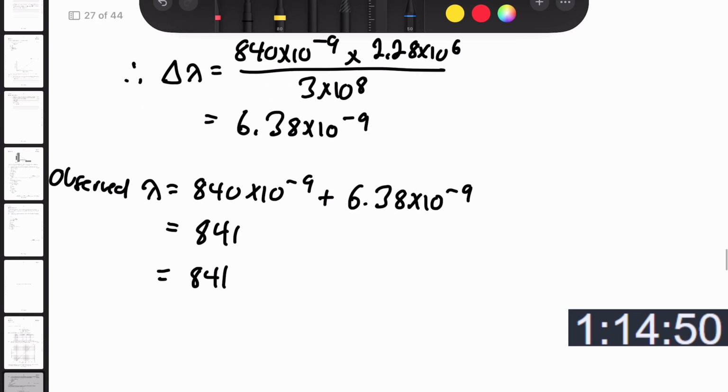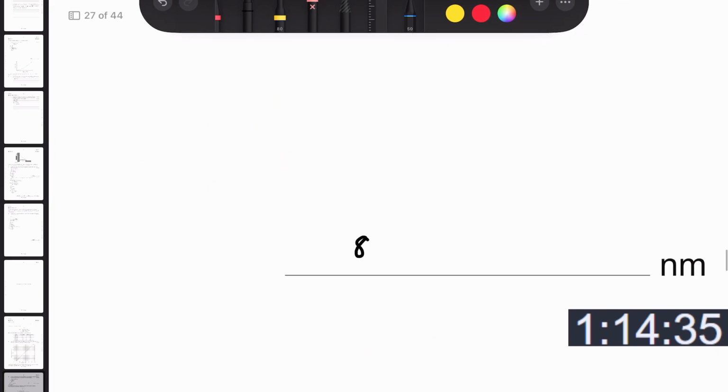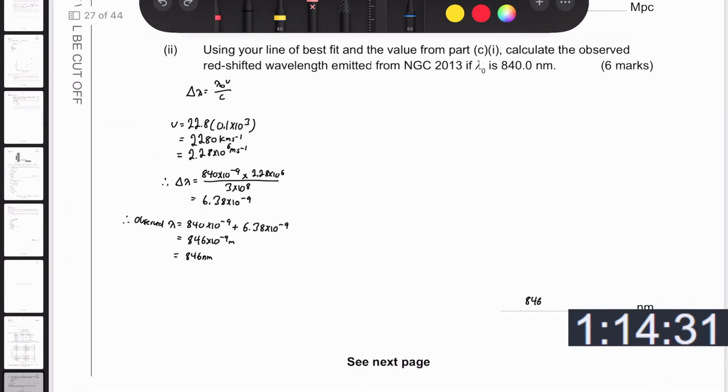So that's going to be 46 times 10 to the negative 9 meters, 46 nanometers.